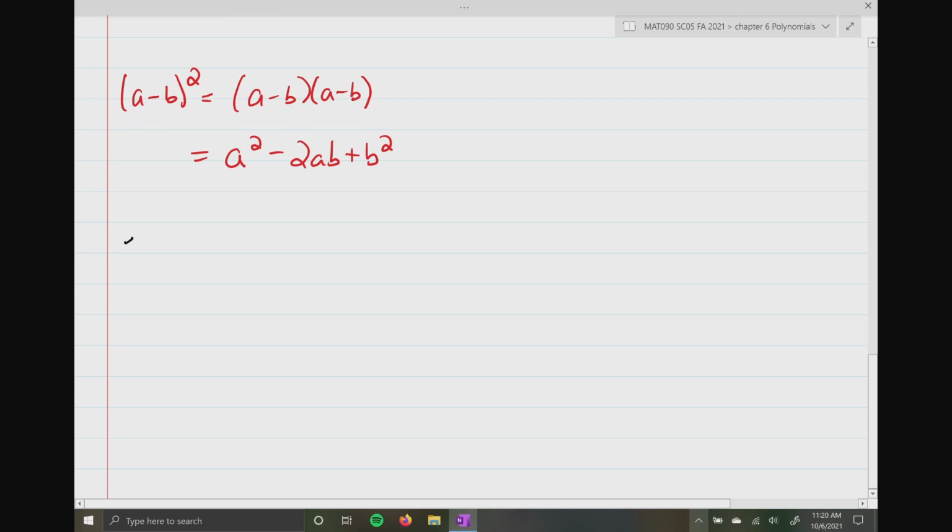Here's the example we're going to do: the quantity 4x minus 5y to the second power. And I'm going to do it both ways. Old school way and then new school formula way.